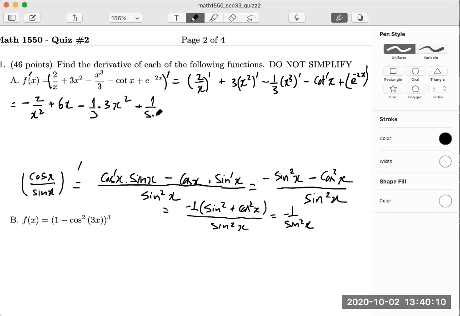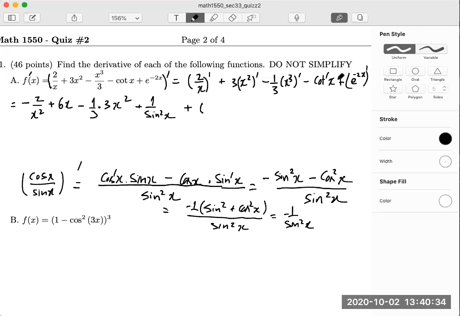And the last term, e to the something, then take the derivative, it will be the general rule. Very good.